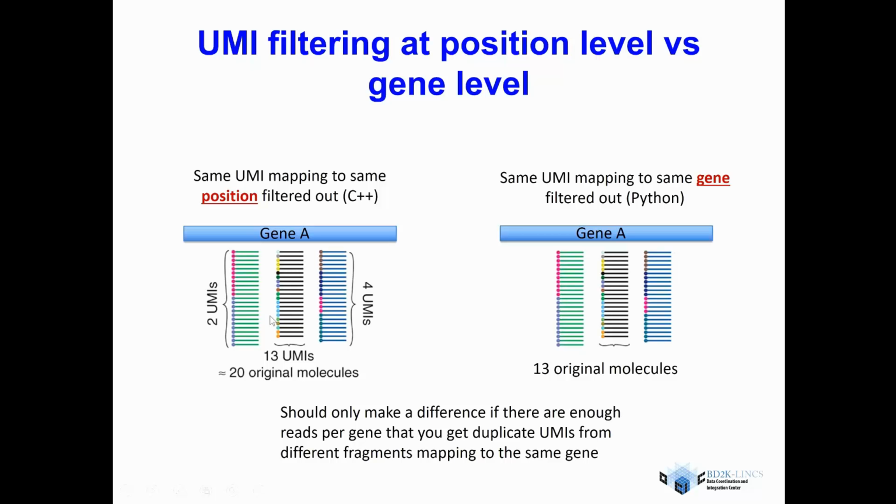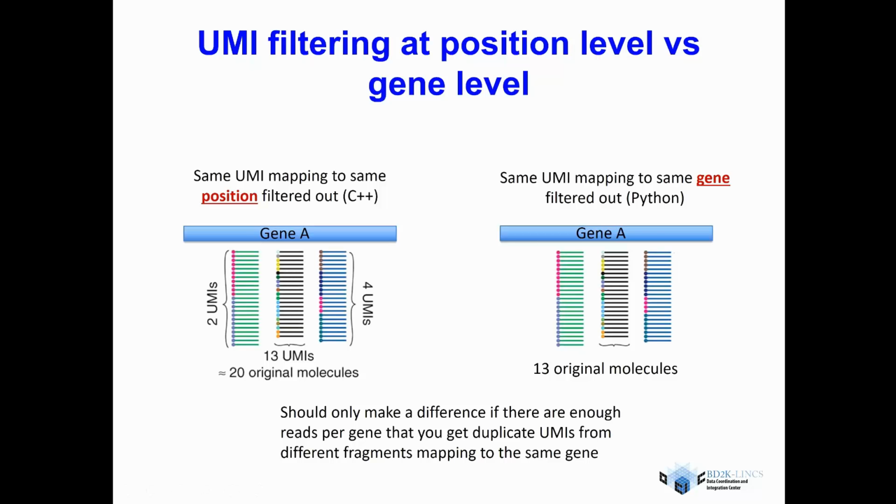That was the original implementation. The Python script, because of the limitations of Python, in order to save memory, made the approximation that if they map to the same gene and the same UMI, then they're the same fragment. Now, that's true if they map to the same position. And so this shouldn't make a difference if there are enough different UMIs, if they really are.